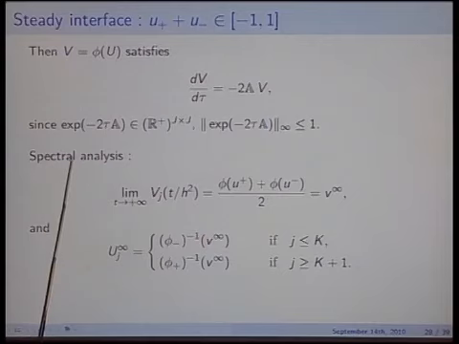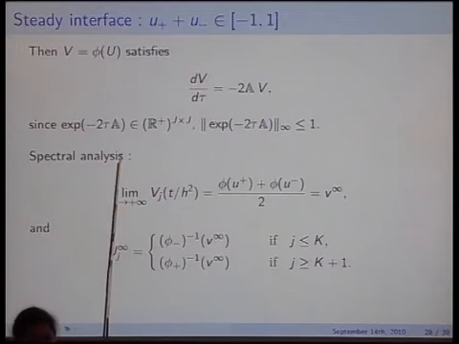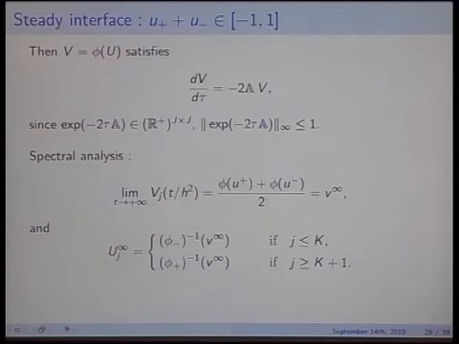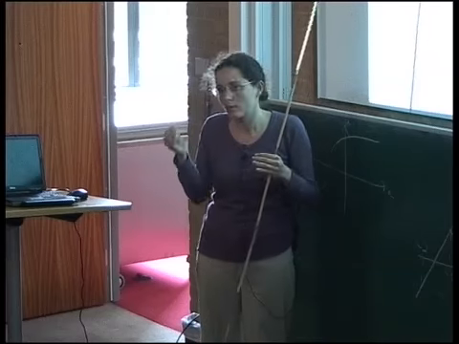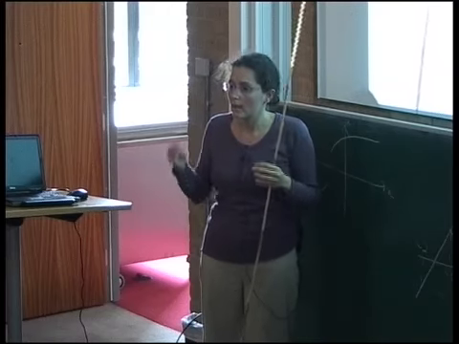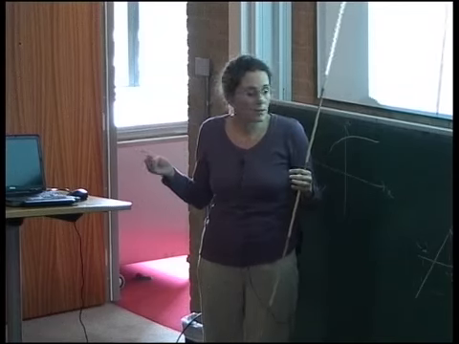What you can show is that the exponential of minus 2A has non-negative terms, actually positive, but it's not really important. The thing is that with this result and the fact that the infinity norm is less than 1, it means that the two-phase structure of the discretized solution is preserved.